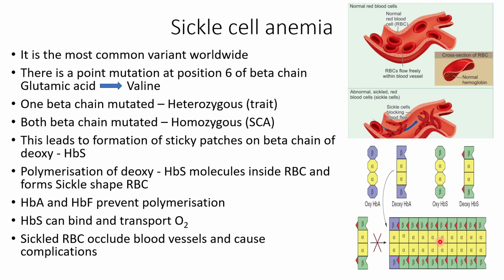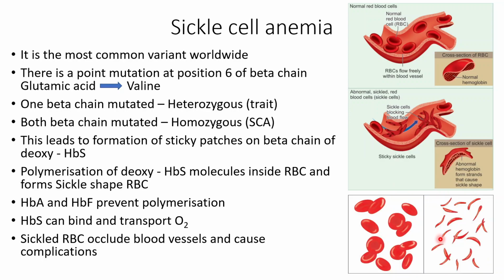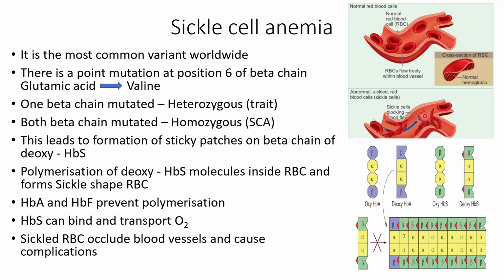This polymerization leads to the sickling shape of the RBC. When the RBC becomes sickle shaped, it can cause obstruction to the flow of blood, and this can lead to various clinical abnormalities. So this is the problem which is occurring.